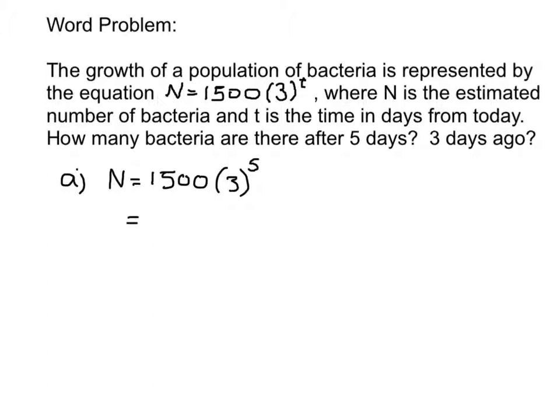To solve this, we need to use order of operations, and exponents are solved before multiplication. 1500 will still be multiplied by 3 to the power of 5, which is equal to 243. Now we can multiply 243 and 1500 together, and we get 364,500 bacteria.